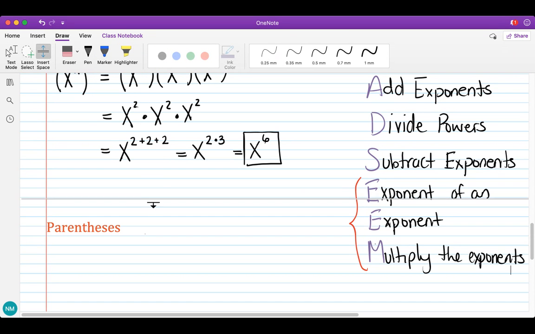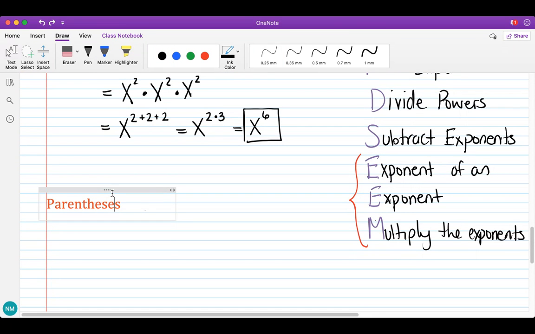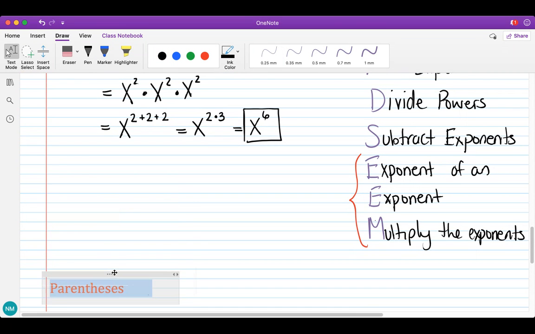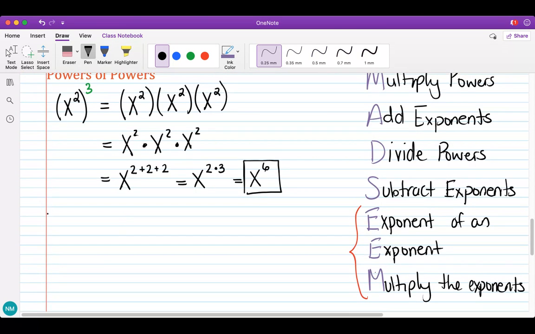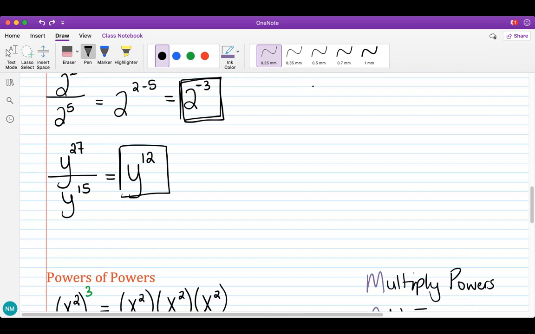So, for example, let's do 2 to the 8th to the third power. Has the base ever changed? Even with multiplication, the base never changes.